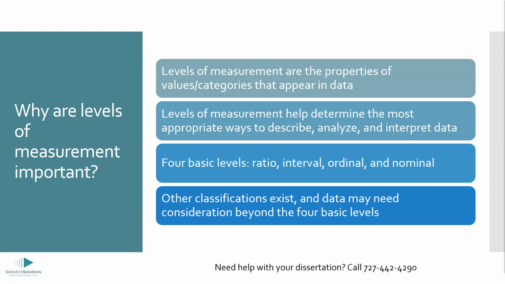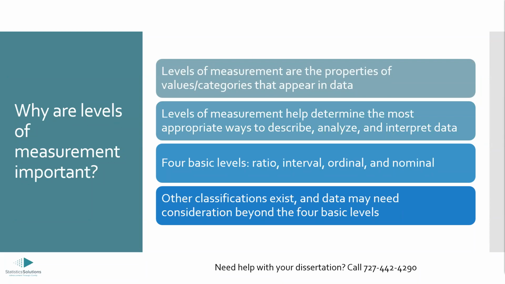However, it is worth noting that there are other classifications beyond these four basic levels. There's actually a body of literature that debates what the most appropriate classification is in terms of the levels of measurement. However, these four basic levels represent the most useful classification in terms of doing dissertation level work in the social sciences generally.